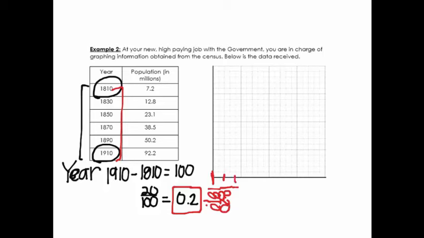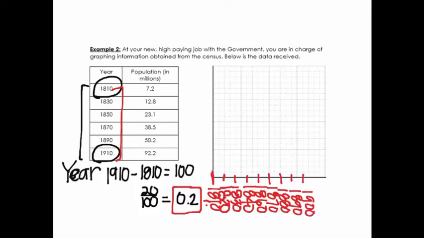So 2 boxes is 1830. 2 more boxes is 1840. 2 more is 1860. 70. 80. 90. This is the year 1900, 1910, 1920. And I'm going to label this here.